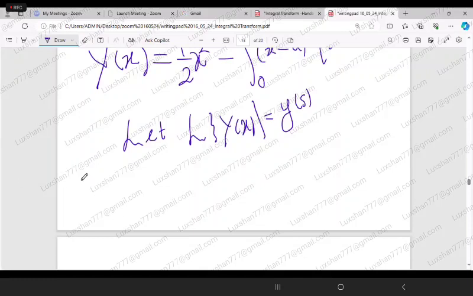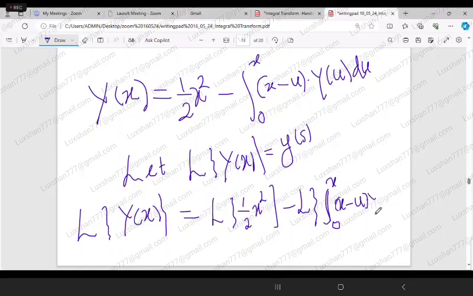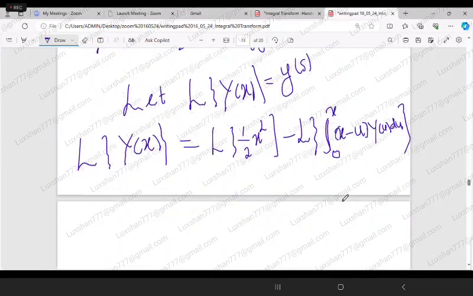So now if I take the Laplace transform on both sides, the Laplace transform of capital Y(x) equals the Laplace transform of half x squared minus the Laplace transform of the integral from 0 to x of (x − u) y(u) du.